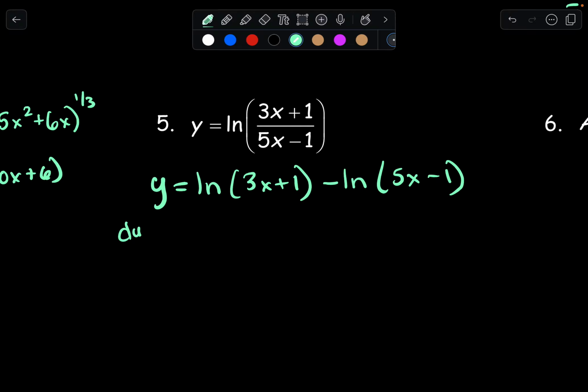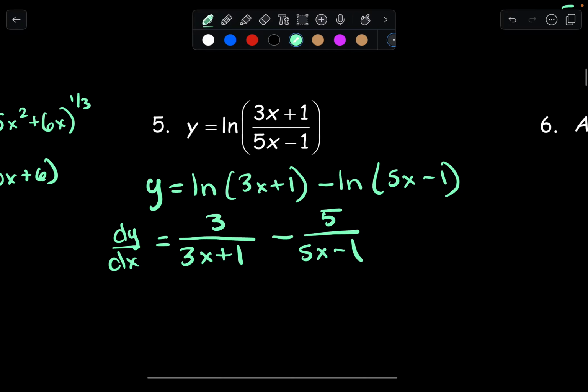So when I differentiate this with respect to x, the derivative of natural log is going to be u prime over u, being the function inside the natural log, okay? So the derivative of 3x plus 1 is 3, and then u itself is just 3x plus 1. And then we'll do the same for the second term. The derivative of 5x minus 1 is 5, and then the function itself is 5x minus 1.